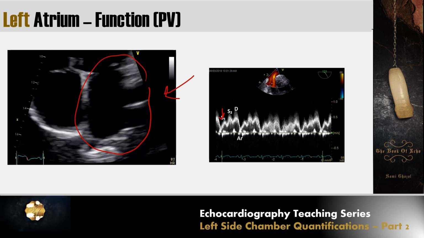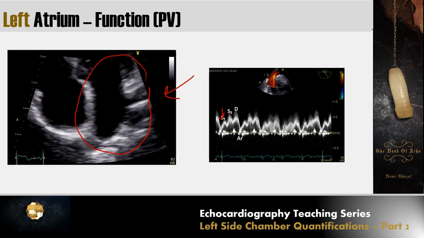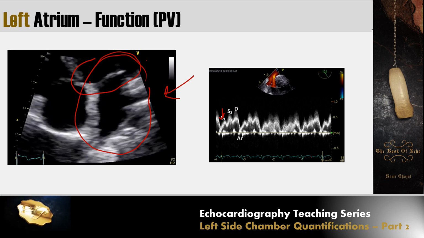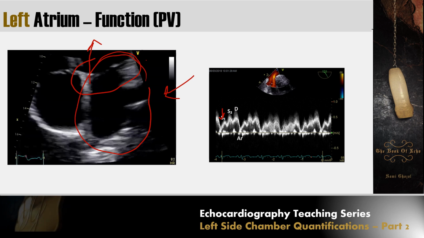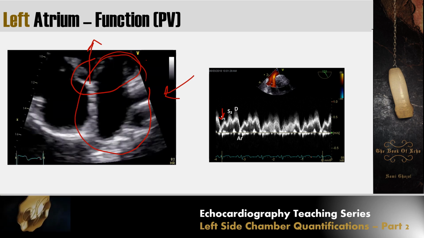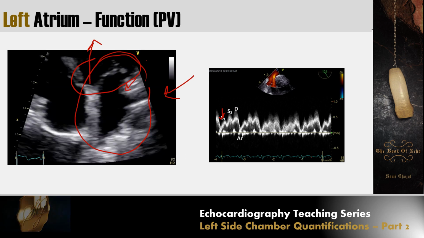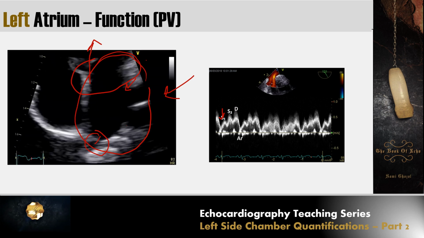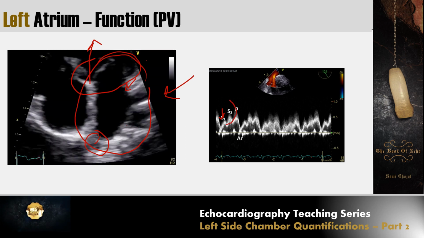During systole, also note here that the mitral valve is pulled all the way toward the apex, and it will act like a suction. It will suck the left atrium and therefore suck some of the blood from the pulmonary vein here. So now we have S2.